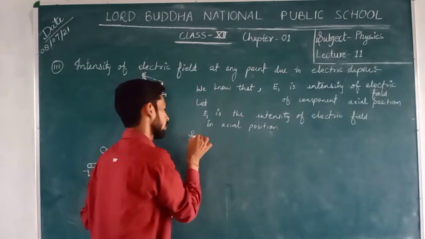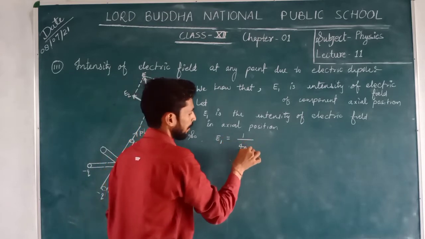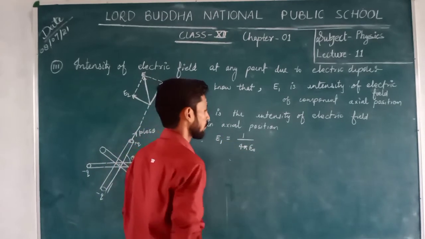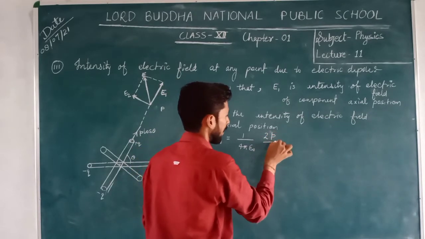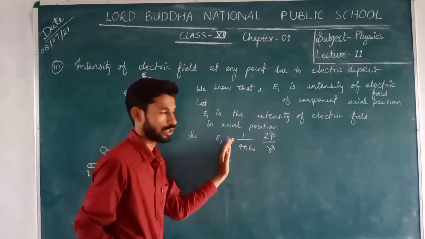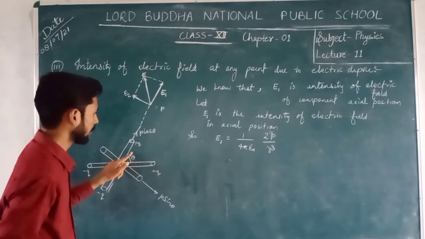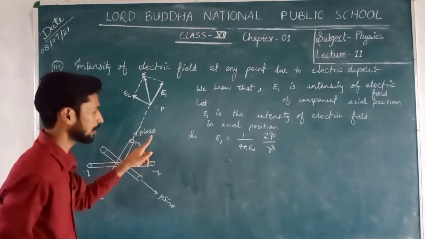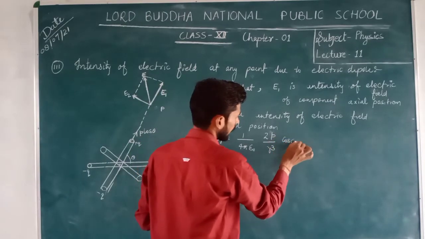So E1 equals 1/4 pi epsilon naught 2p upon r cube. This is the formula for the axial position, but we are taking this at an angle of theta, so we will take here p cos theta. So there will be 2p cos theta.